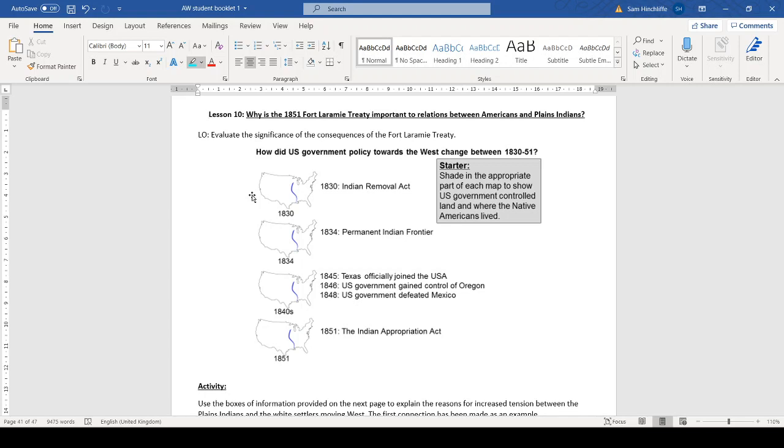Number one, you understand what the terms of this treaty were between white Americans and the Native Americans, but also its consequences. So what happens as a result of it, and its significance, why it's so important, what its impact is. And it is all down to really the relations between the white Americans and the Plains Indians as well. So that's a really, really important part that we're looking at here.